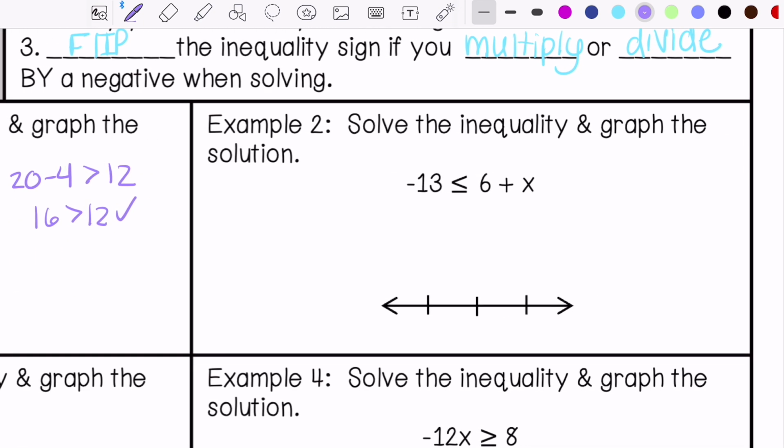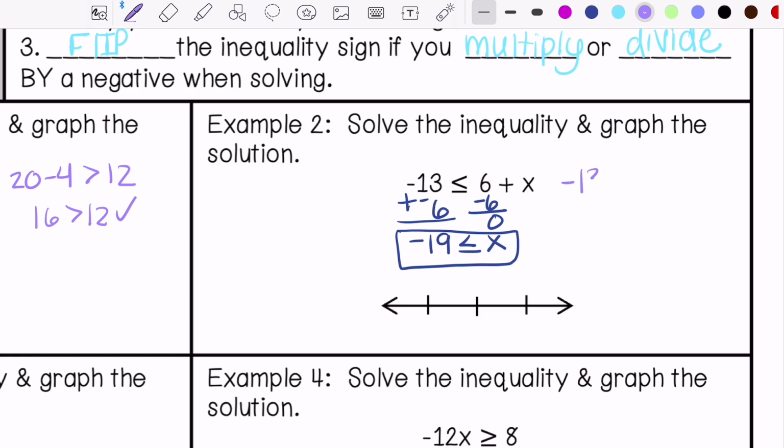Solve the inequality and graph the solution. 6 is being added to x, so I'm going to subtract 6. I need to remember my integer rules: keep, change, change. So x is greater than or equal to negative 19. I'm just going to pick 0.